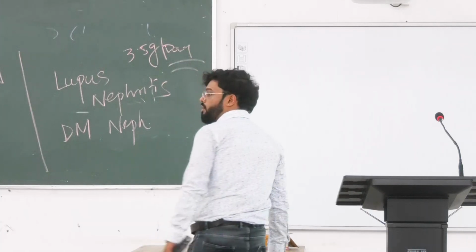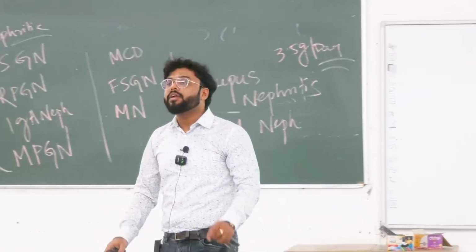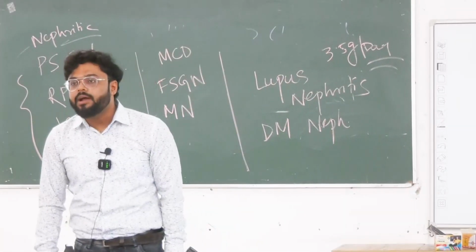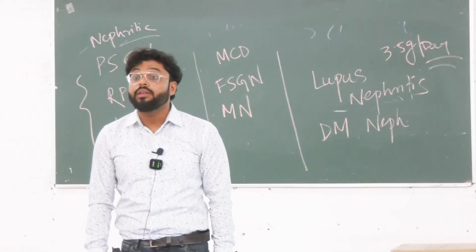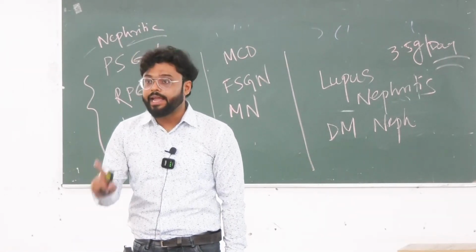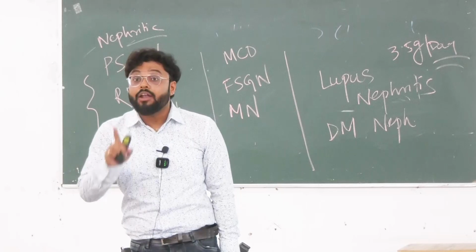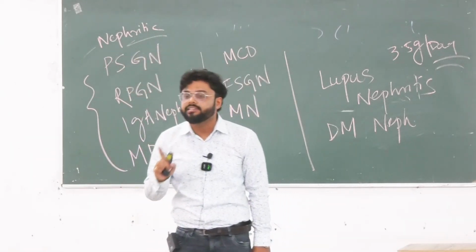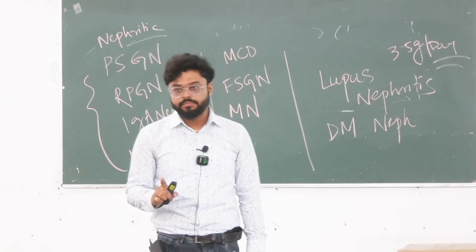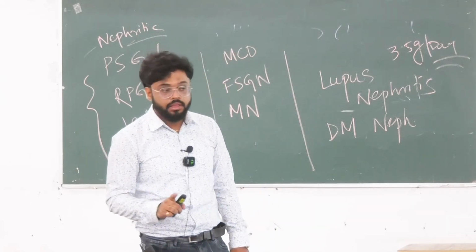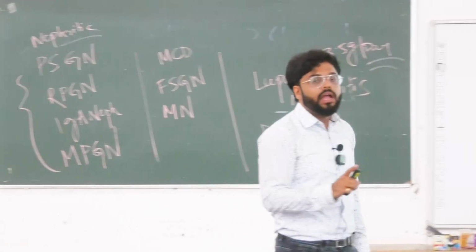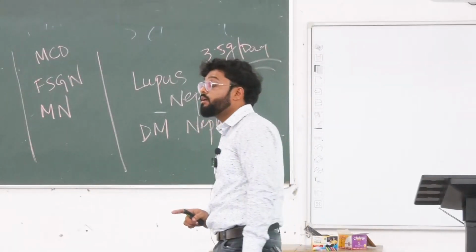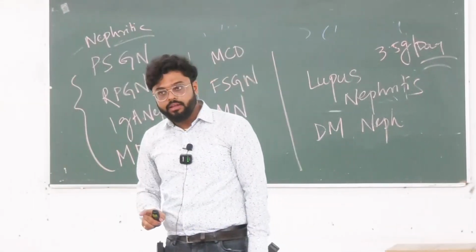Second is anuria or oliguria. Oliguria means less than 500 ml of urination in a day, and oliguria is a feature of nephritic syndrome. More than 4.5 liter per day urination is known as polyuria.